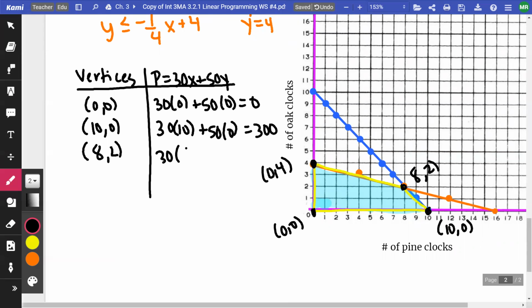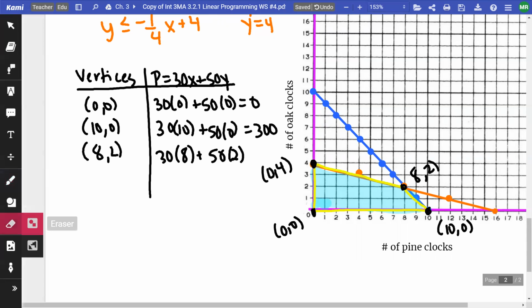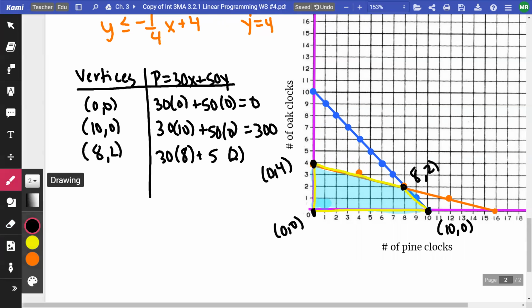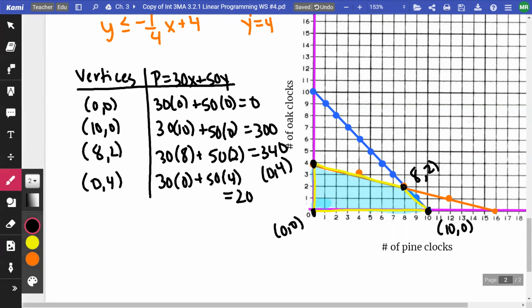So 30 times 8 plus 50 times 2. So that is going to be 240 plus 100. So that'll be 340. And then I have 0, 4. So that's going to be 30 times 0 plus 50 times 4, which is going to give me 200.